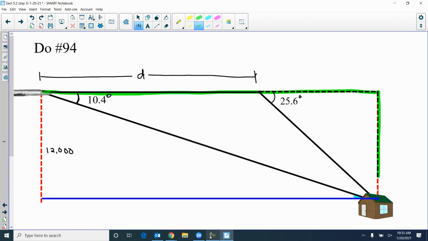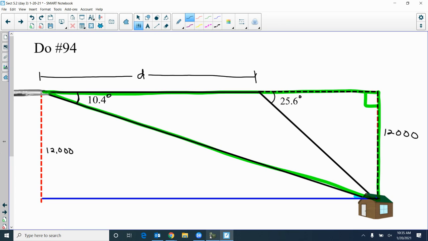Yep. Okay. And because if you look at that figure, that's a right triangle. And so we're going to need to find that total distance. And this 12,000, you can either drop the 10.4 down here and use the blue bottom, or you can just move the 12,000 over to here.